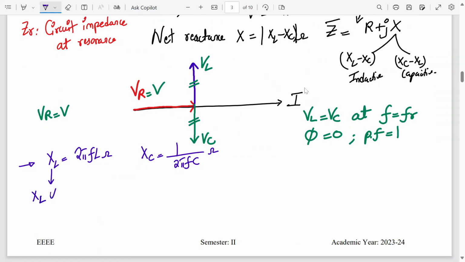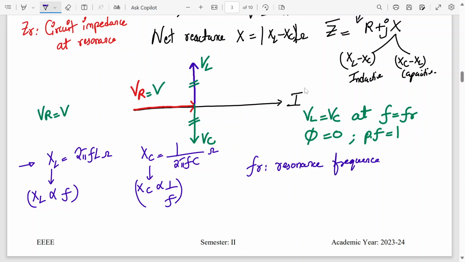So can I say XL is proportional to the supply frequency, yes or no? And XC is inversely proportional to the supply frequency, yes or no? Yeah. So now at resonant frequency, FR, the inductive reactance XL becomes equal to the capacitive reactance XC.